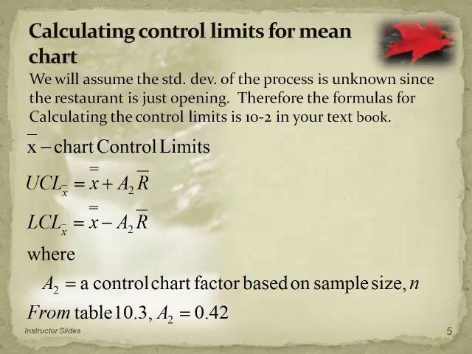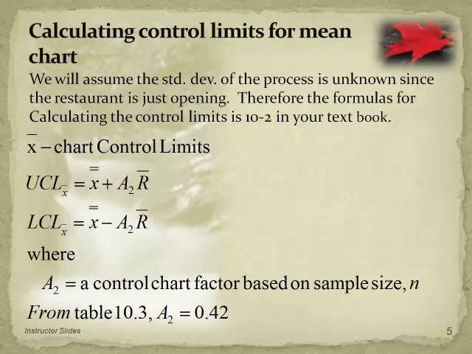The upper control limit is equal to X double bar plus a parameter A2, which comes from table 10.3 in your textbook. In that table, we have to know what the sample size, little n, is.